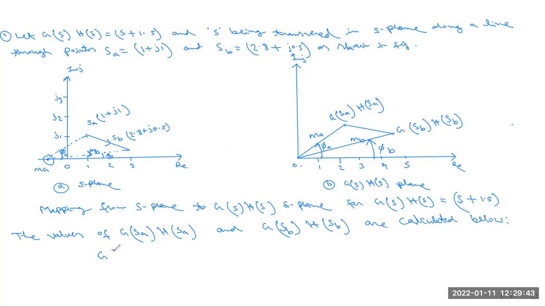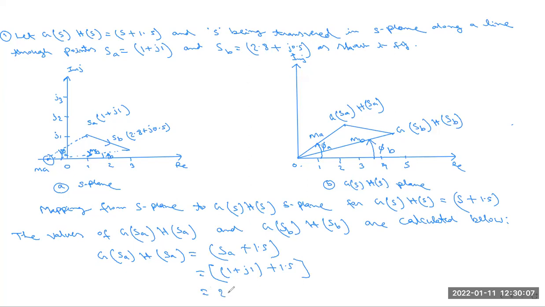So this is the G of SA, H of SA. The value is SA plus 1.5. So that means 1 plus J1 plus 1.5.